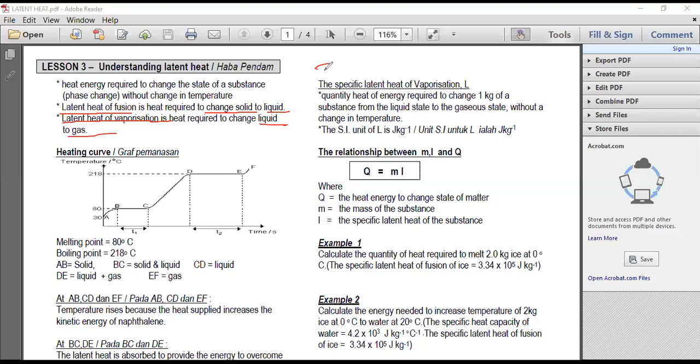So we have solid, liquid, and gas. From solid to liquid, and then liquid to gas. Solid to liquid, and then liquid back to solid, liquid to gas, or gas back to liquid.